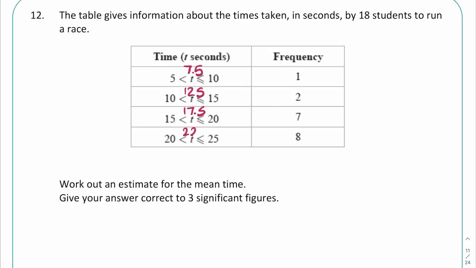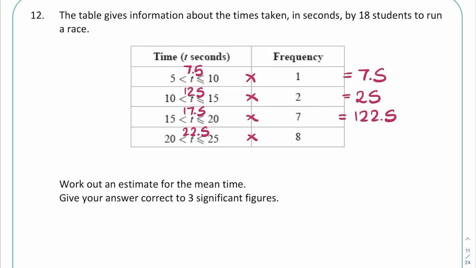Now what we're going to do, we've got one of those 7.5s, so we can times those, and that is just 7.5. We have 2 lots of 12.5, which is 25. We have 7 17.5s, I'm definitely going to type that one into the calculator, so 7 times 17.5, and that's 122.5.